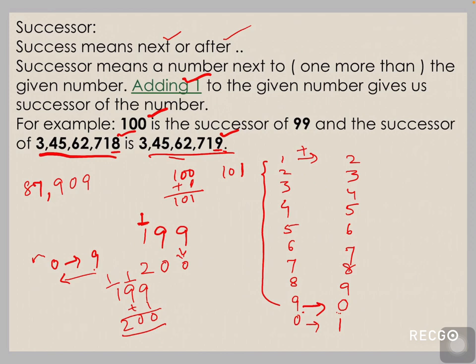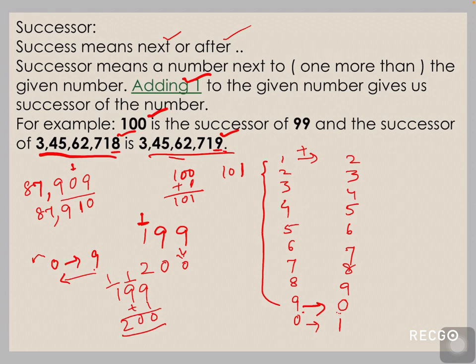If they are in series, if they are 9s, then only this will be applied, all zeros. But since here it is already 0, as I told you, 9 will become 0 because it is 10 and 1 is carried forward here. So it will be 0 plus 1, 1, and 9 as it is, 87 as it is. So the successor number will be 87,910.